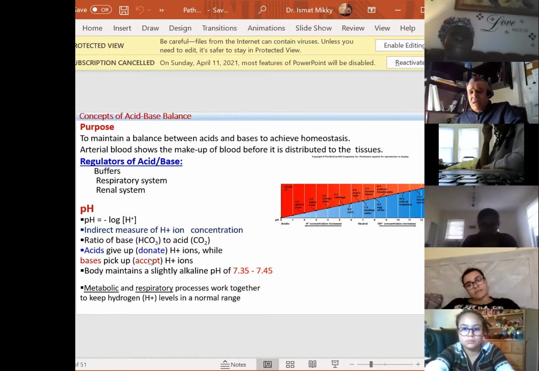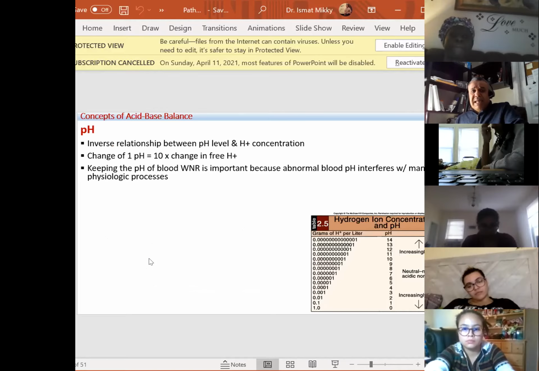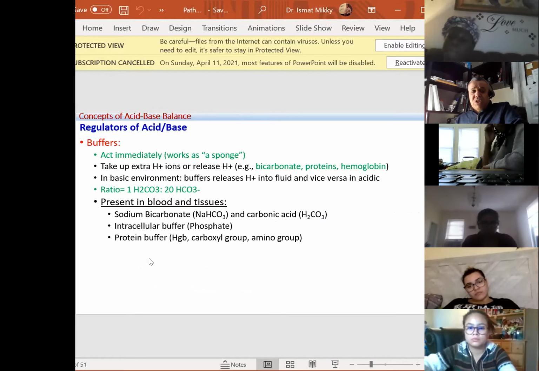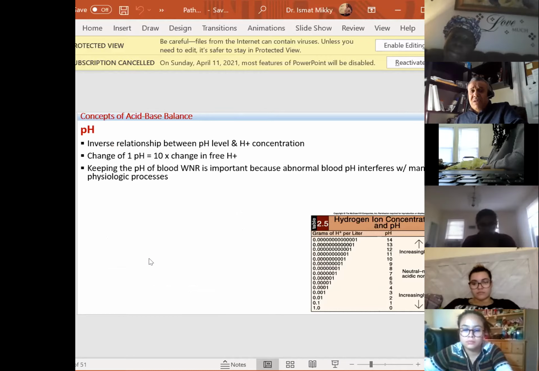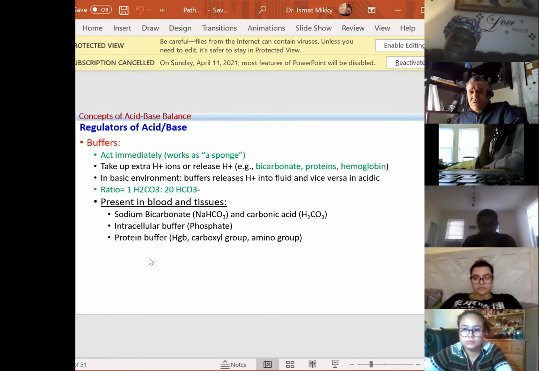So the pH: we have certain values for the pH in plasma. We call them normal values. It's supposed to be between 7.35 and not to exceed 7.45.